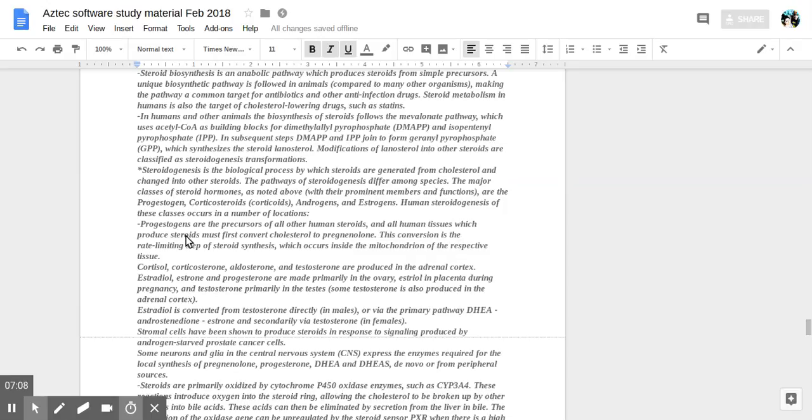A unique biosynthetic pathway is followed in animals compared to many other organisms, making the pathway a common target for antibiotics and other anti-infection drugs.